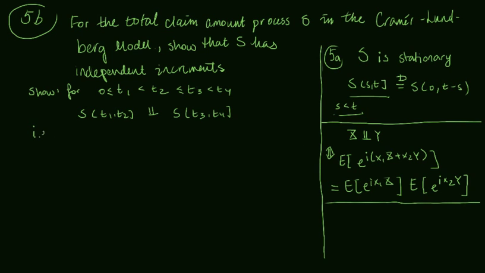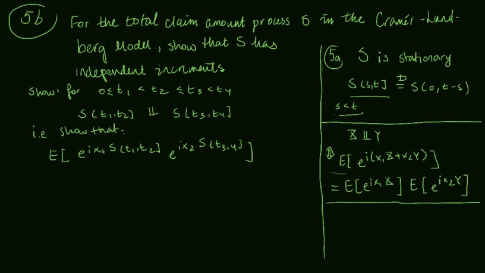So I'll write here, i.e., show that the mean value of e to the i x1 times the increment from time t1 to t2, multiplied by e to the i x2 times the increment from time t3 to t4. I've written down the relevant version of this side of the equation.